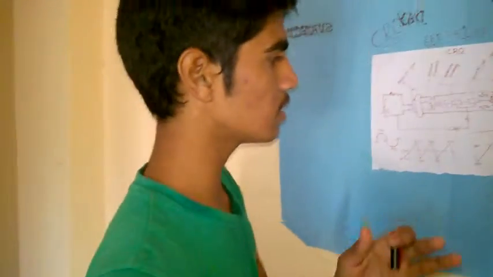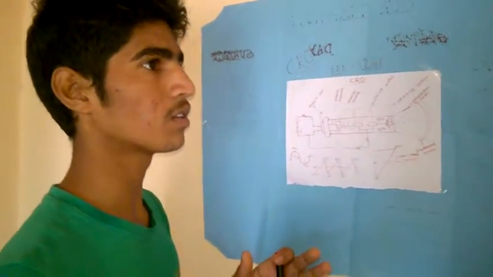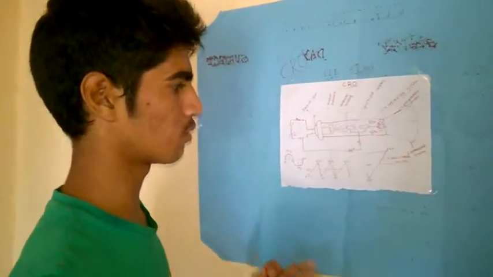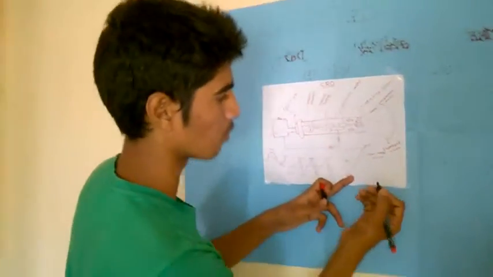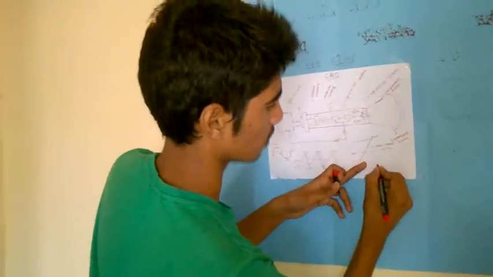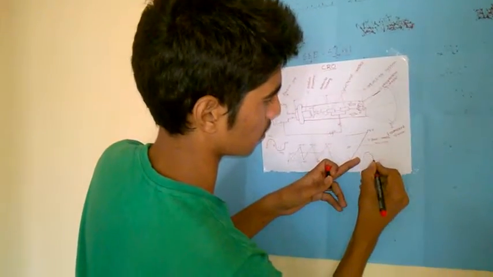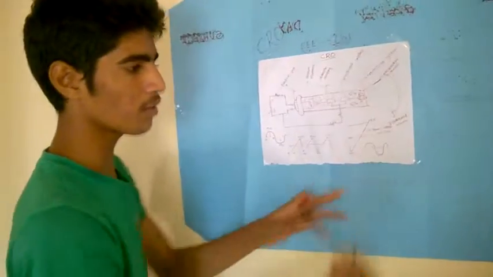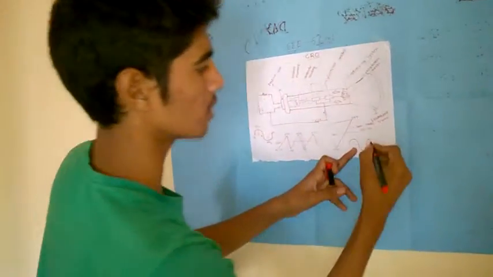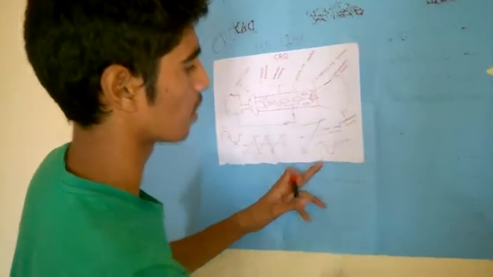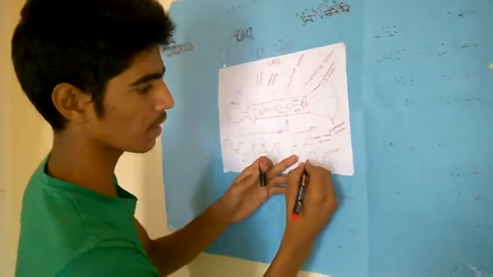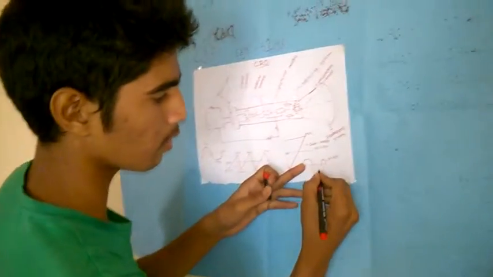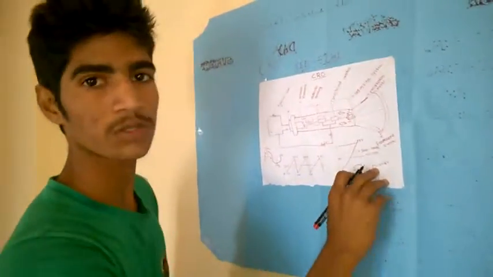Suppose we vary the voltage to 1.6 volts. This type of curve will form at 1.6 volts. One positive half cycle is completed and one negative half cycle is completed, and part of the positive half cycle is completed.